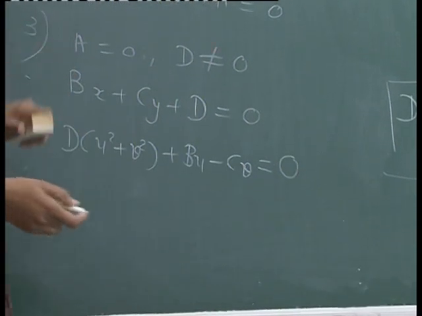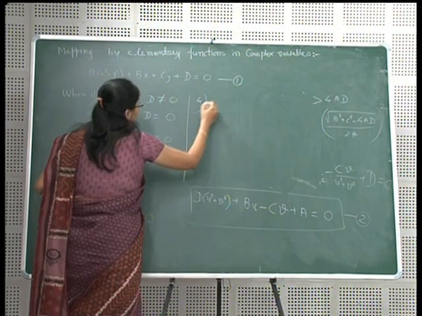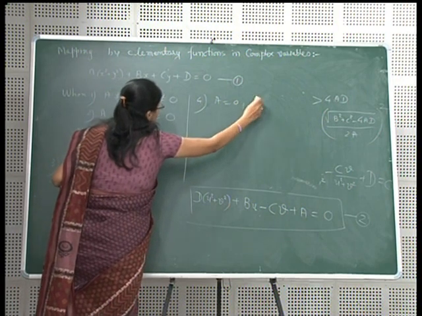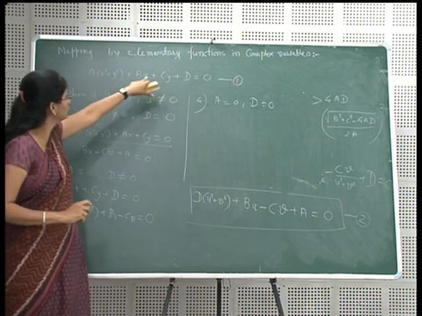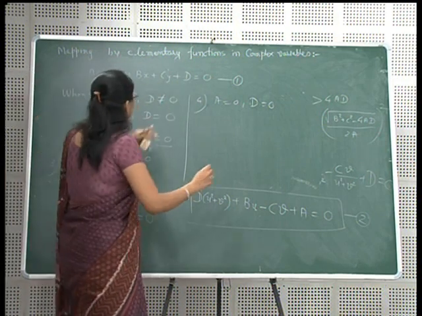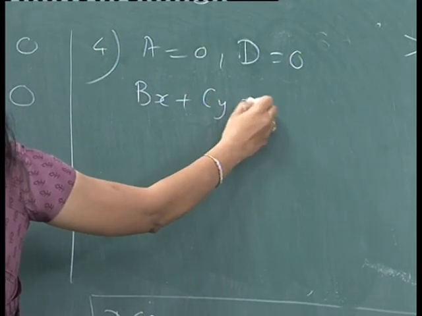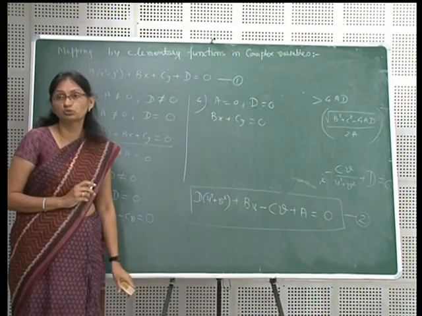Now we consider the last case, case 4, when a is equal to 0 and d is equal to 0. If we put a and d both 0 in equation 1, then we have bx plus cy is equal to 0, which is the equation of a line which passes through the origin.